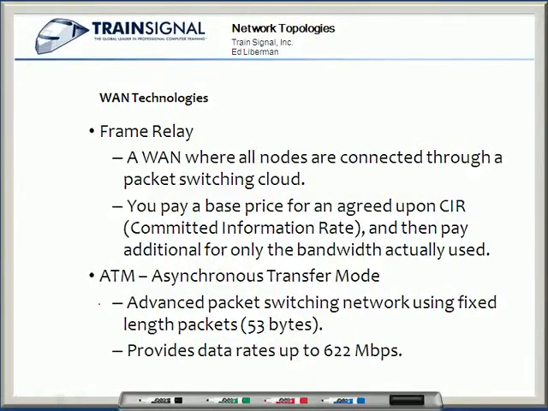Now, the main thing that I want you to know about this is that if you're going to get frame relay, what you do is you pay a base price to the carrier for what's called a committed information rate, or a CIR. Now, this is like a minimum rate of throughput.